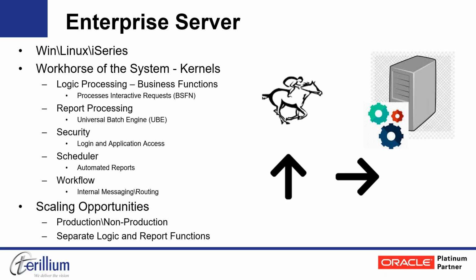There are logic processing kernels, also known as call object kernels, that process that interactive user information. So hitting add on a sales order sends that information to the enterprise server, which then communicates back to the database and updates your tables with the business data changes.